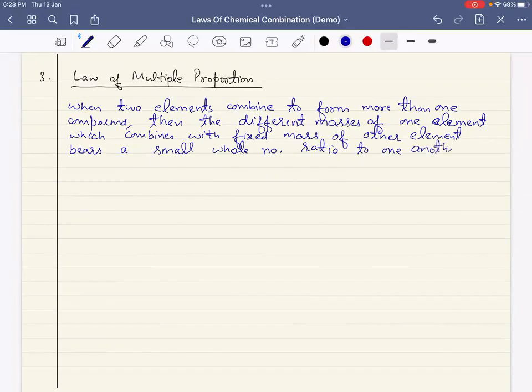Now this definition seems complex, but we will understand it step by step.